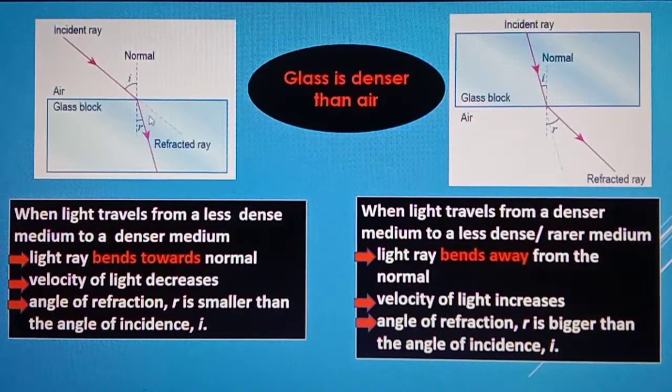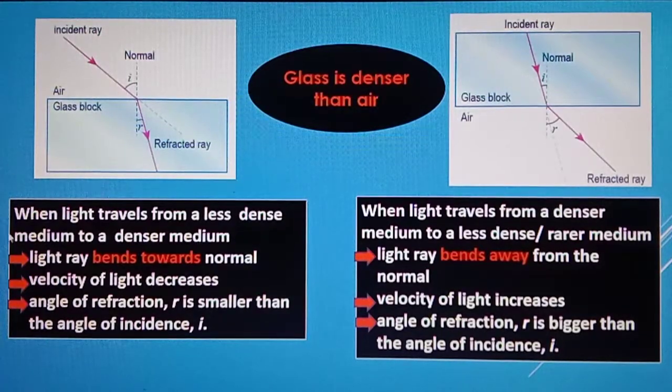Okay, so you can see how the light ray deviates from its original path. This broken line is the line where there is no change in density of medium. So you can see how the light ray deviates from its original path when there is a change in density.